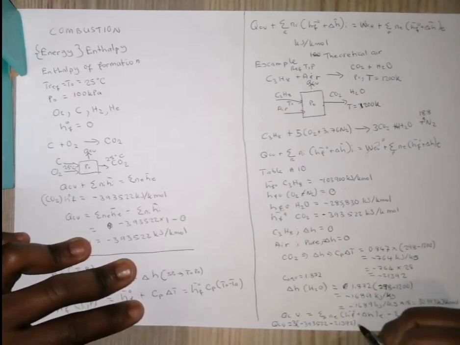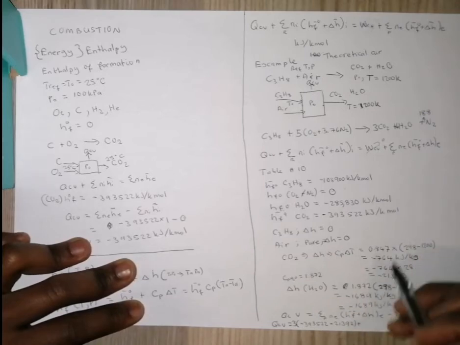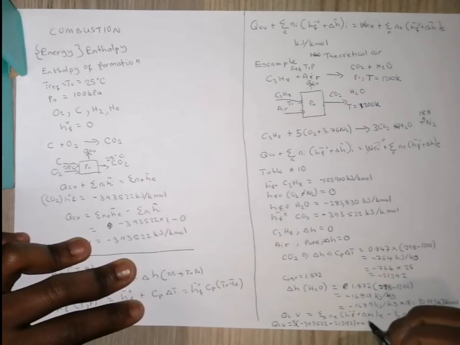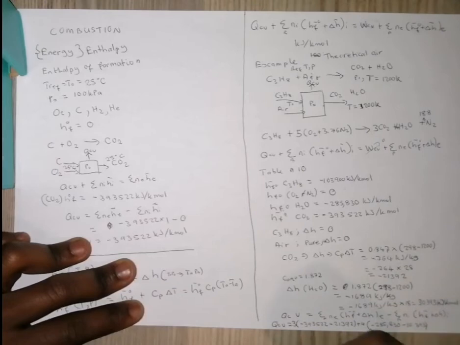Okay, then plus, since we're still summing up, for water, which is 4 waters, the standard enthalpy of formation of water is negative 285,830. Then the minus, since it's a negative, goes to the negative, which we found to be 30,393.